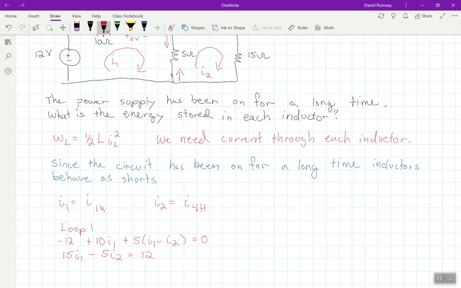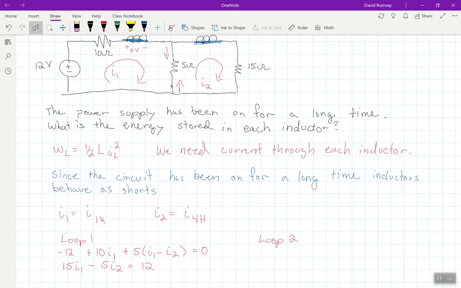And then for loop 2, there's a similar kind of argument here. If we start with the 5 ohm resistor, I'd have 5 times I2 minus I1. And then what would we have here? Well, we'd have 15 I2, and that would be equal to 0.